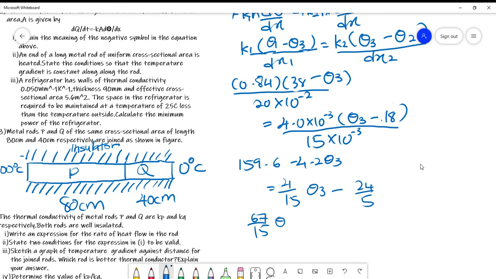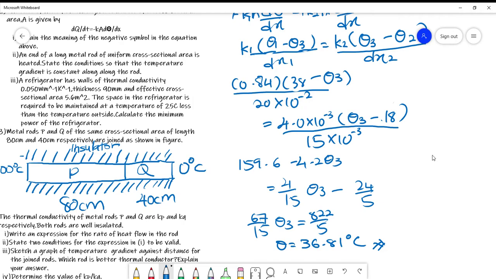So basically what we get is actually the same thing, but is it correct? Plus 24 over 5, and this is 822 over 5, and the final answer we get is 67 over 15. So yes, the final answer should be 36.81 degrees Celsius. So this is the final answer.